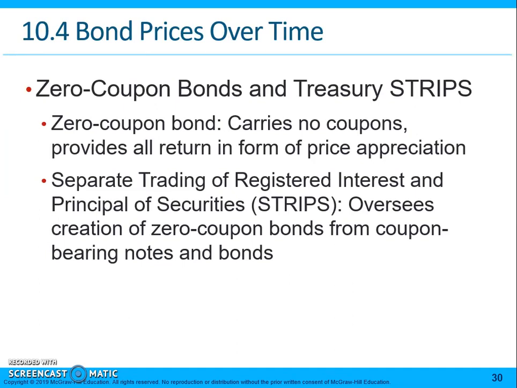For example, if we own a 30-year Treasury and we convert it to strips, we are creating 61 new securities because there's going to be 60 coupon payments, and there's going to be the face value or maturity value of that security.